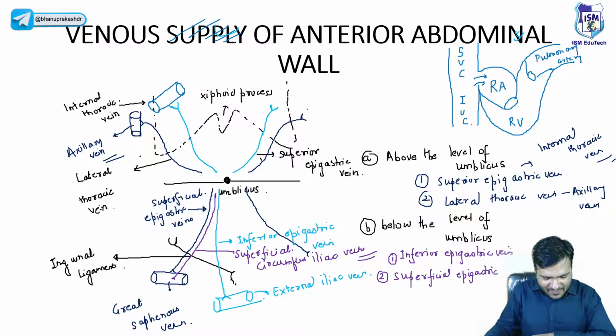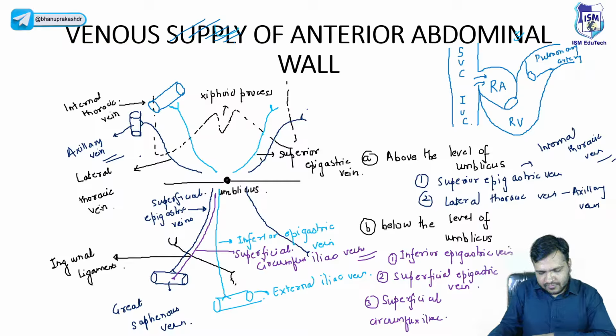What is your real name, Roy the old gamer? Superficial epigastric vein, and the third one, that is the inferior epigastric, superficial epigastric, and superficial circumflex iliac veins.